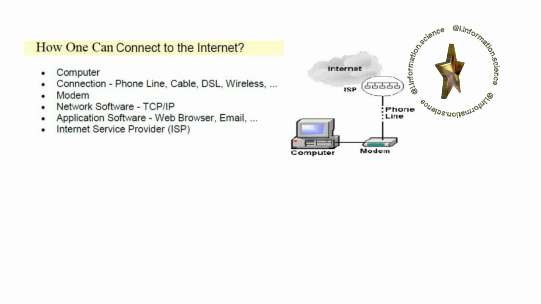Modem required. 4. Network software such as TCP/IP required. 5. Application software, web browser, etc. required. 6. Services from Internet Service Provider, ISP, required. This is the general outline to connect to the Internet.